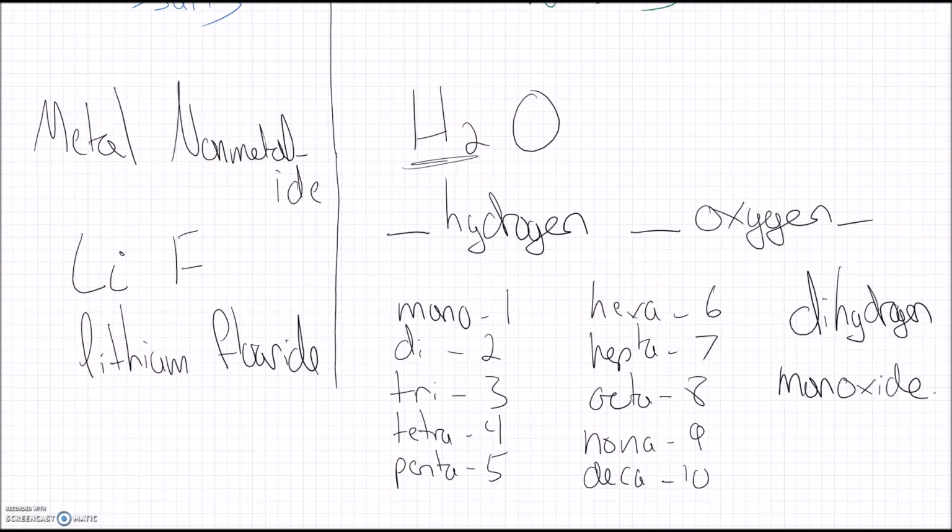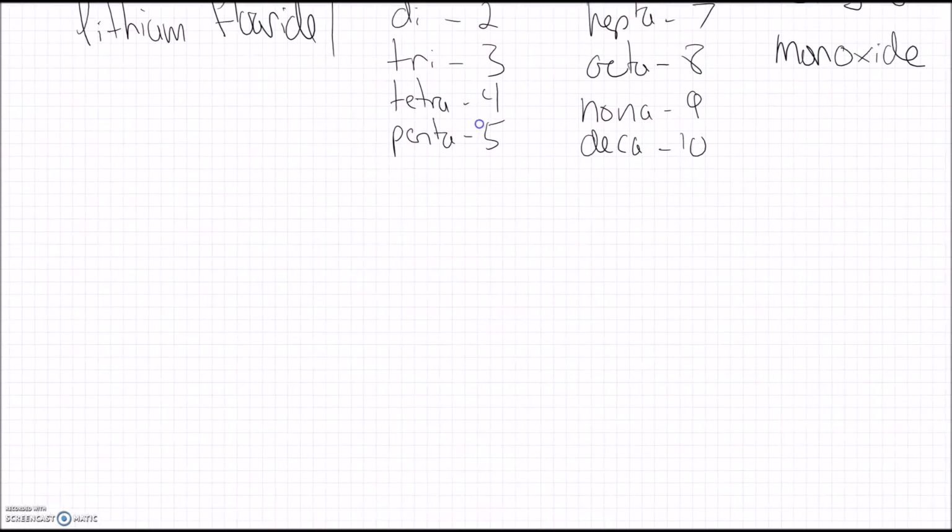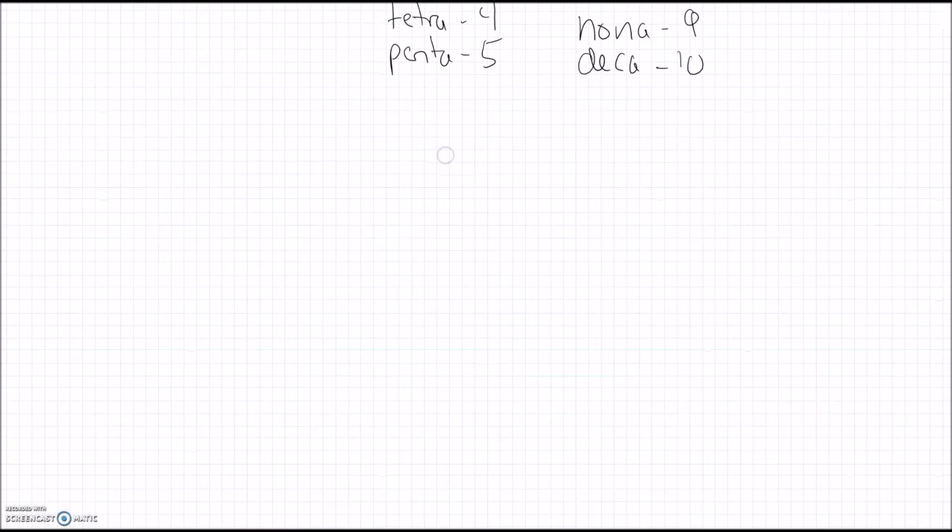All right, so I'm going to give you some examples of some elements. You have to tell me how many elements you'll need to bind them, what type of bond, either ionic or covalent, you'll be doing, and then the formula.